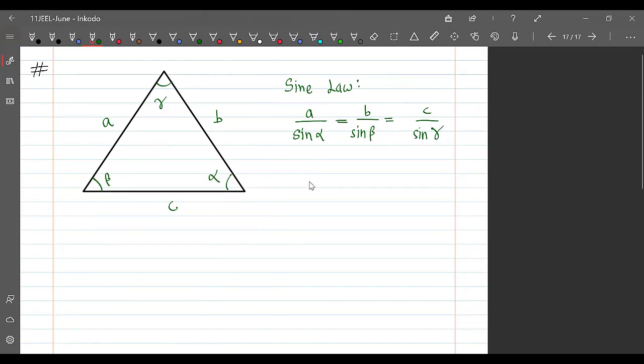And the second is the cosine law. You will be studying this in mathematics later. Cosine law is simply like this.